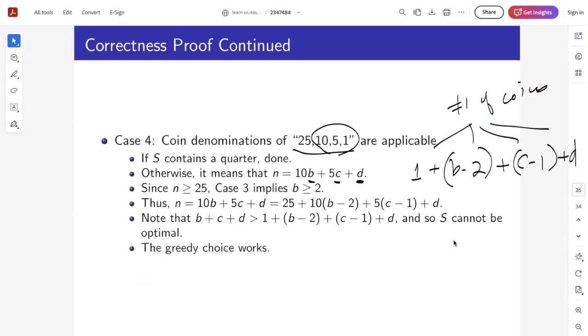And then we're going to show that B plus C plus D, that's without a quarter.